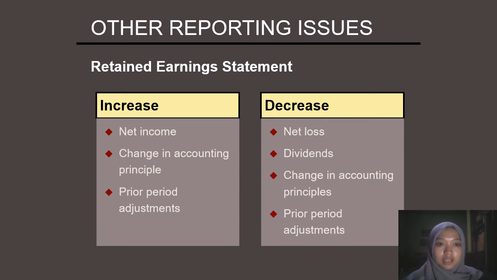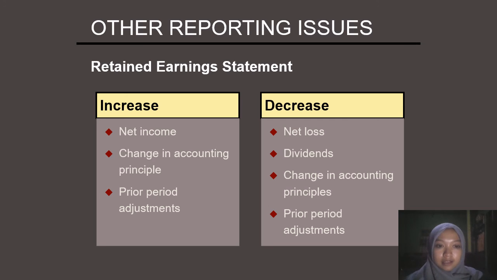Other reporting issue: retained earnings statement. The retained earnings report is a basic financial statement. This report describes changes in the company's retained earnings during the reporting period. It breaks down changes in the interest of owners in an organization and in the application of retained earnings or surplus from one accounting period to the next.